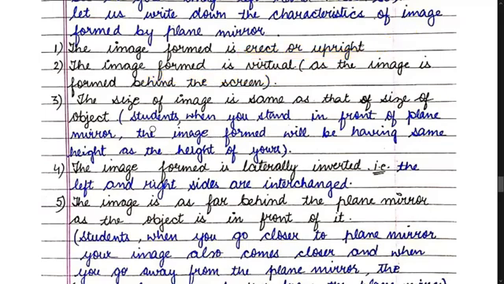The size of image is same as that of size of object. Students, when you stand in front of plane mirror, the image formed will be having same height as the height of yours.